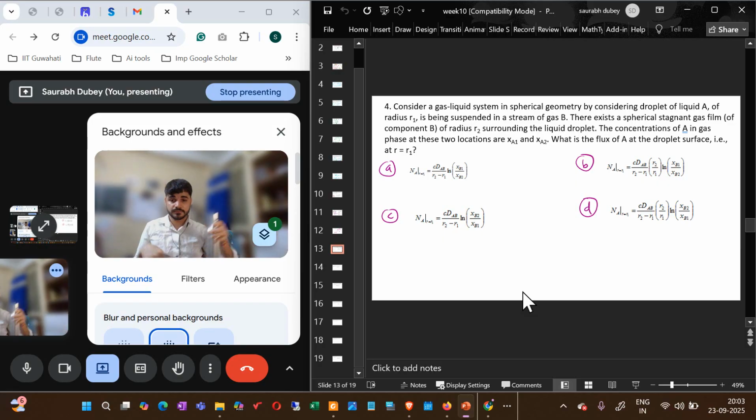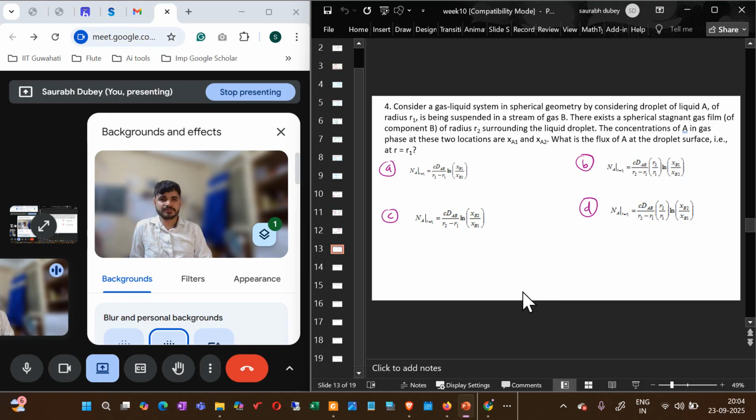So this is the fourth question. A gas liquid system with spherical geometry. A is the droplet having radius R1, and B is the stream of gas.